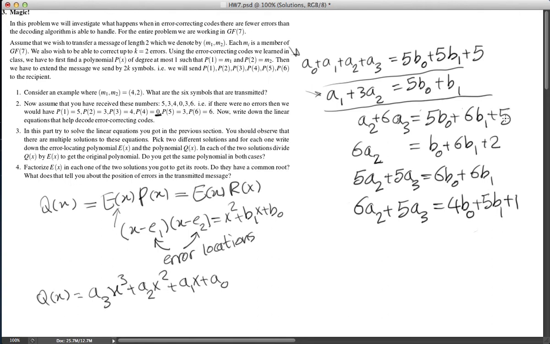Okay, now let's go ahead and subtract the appropriate multiples of this equation from the other equations. We have to subtract 6 times it from the fourth equation.